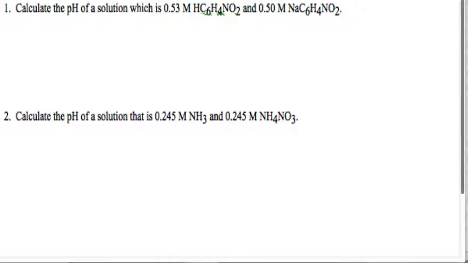So the first one says, calculate the pH of a solution which is 0.53 molar nicotinic acid and sodium nicotinate, 0.5 molar of that. I had to look it up. The Ka for nicotinic acid is 1.4 times 10 to the negative fifth. All right. So this is just adding now a level of recognition we need to do. Identify. What is this? Classify it.